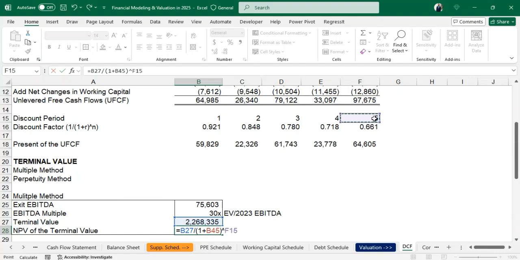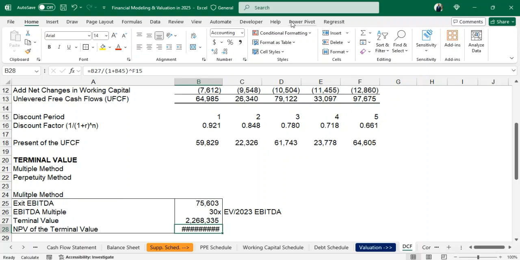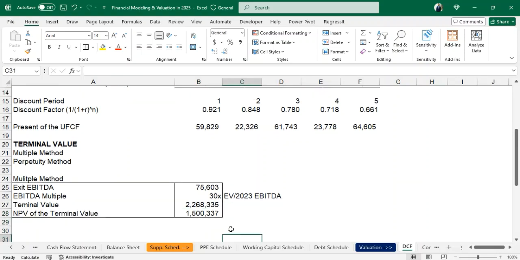So I'll enter that and reduce it to 0 decimal places. All right, so that is giving us 1,500.